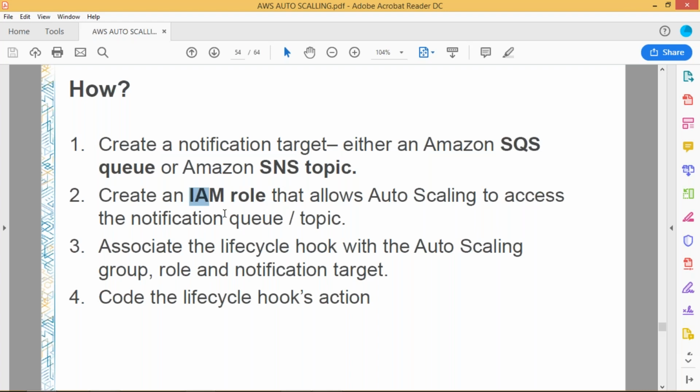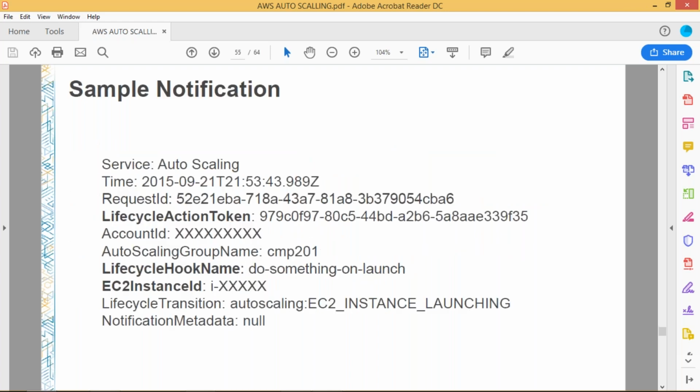It is about providing different types of roles, how you can access your AWS in different ways, and we will talk about it later. Associate the lifecycle hook with the auto scaling group, notification target, and lifecycle hook action. So this type of message you will get: auto scaling group, time, request, response, and lifecycle token, those sort of things you will get in the logs when a particular instance goes down or whatever happens.